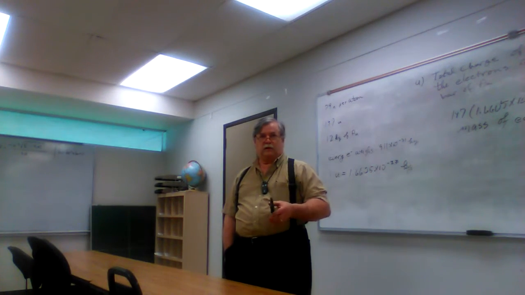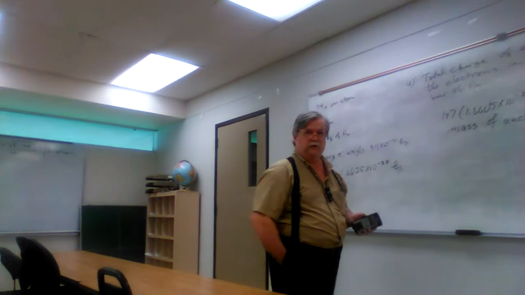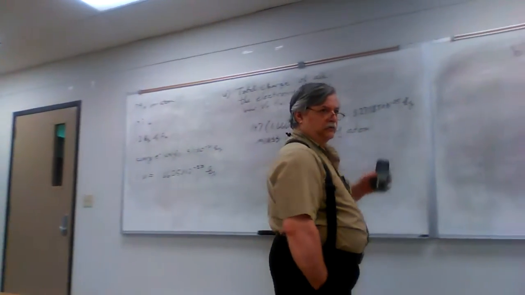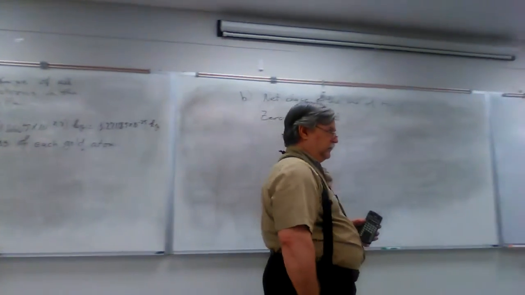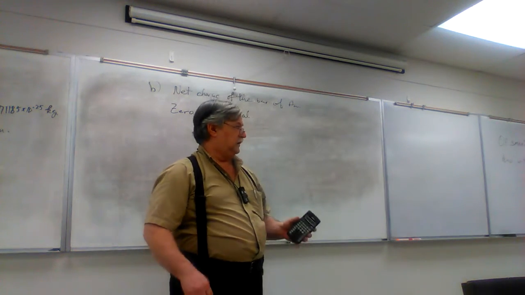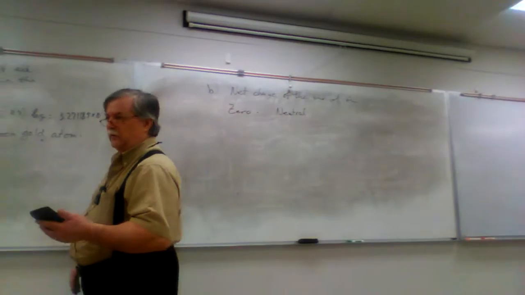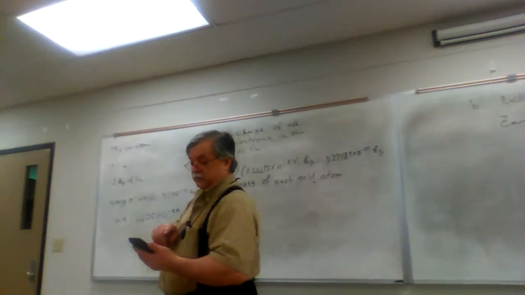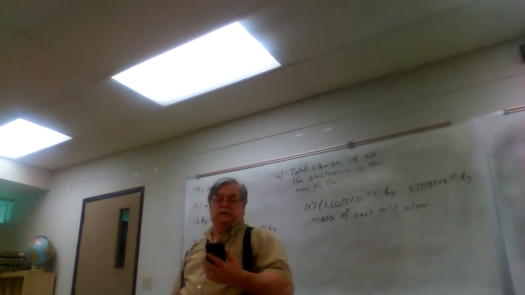Electrons. Now, how many coulombs are each one of those electrons? Times 10 to the minus 19.